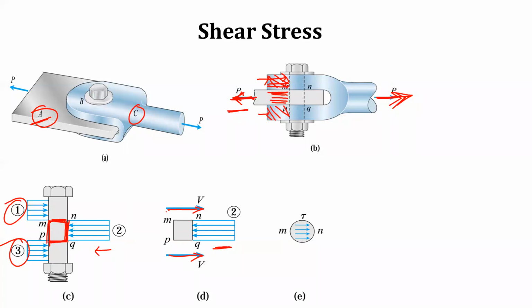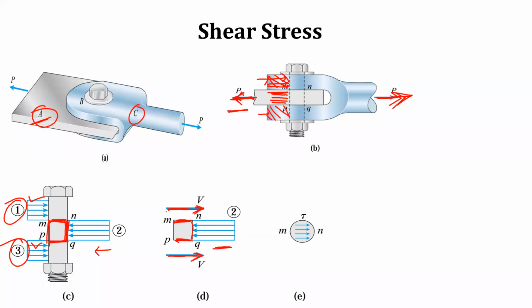Because of this load, and this load, I will have forces here. And that force is acting tangentially at this surface, this and this surface. If the load is acting tangentially, that load is called shear force.